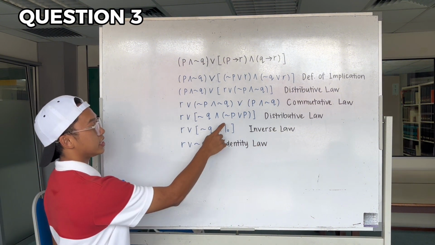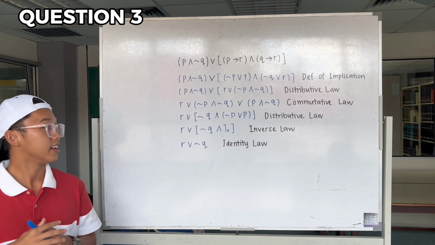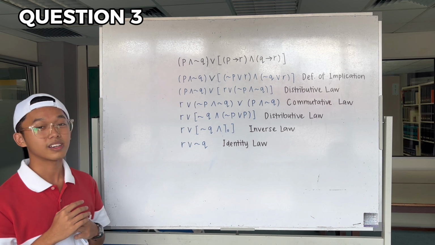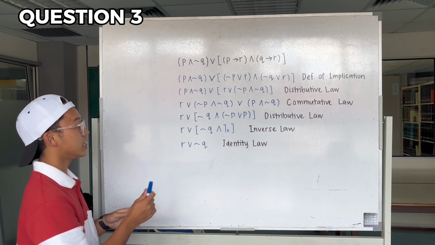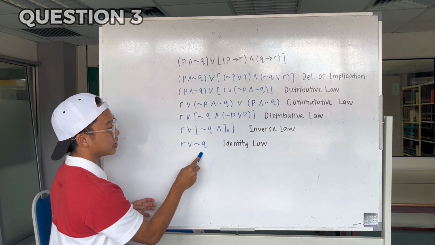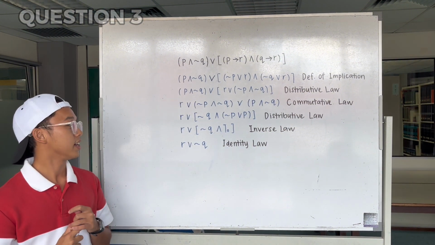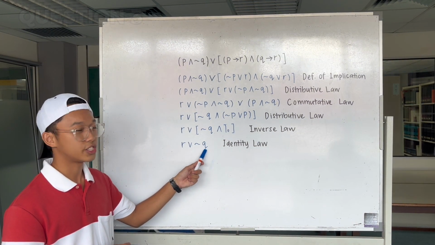We simplify negate P or P into the tautology. And then, to get the final answer, we use the identity law, which is we change negate Q and tautology into the negate Q only. And the final answer is R or negate Q.